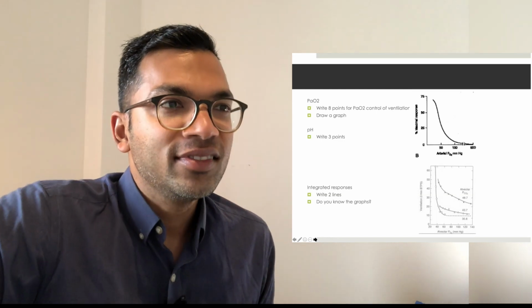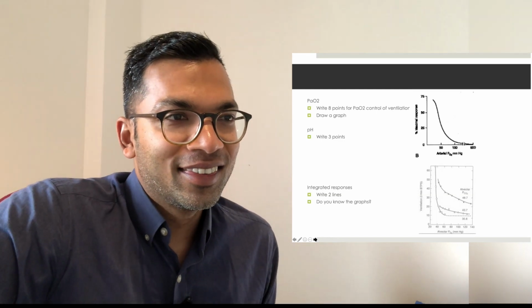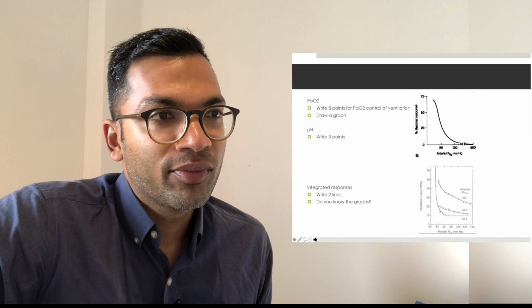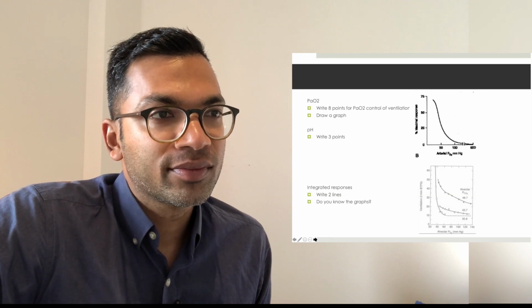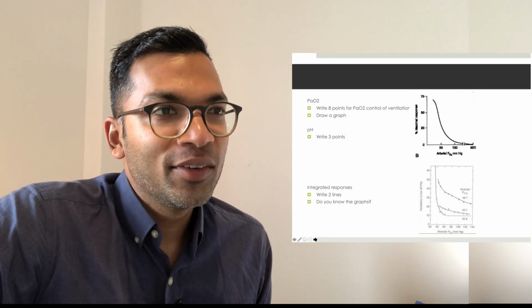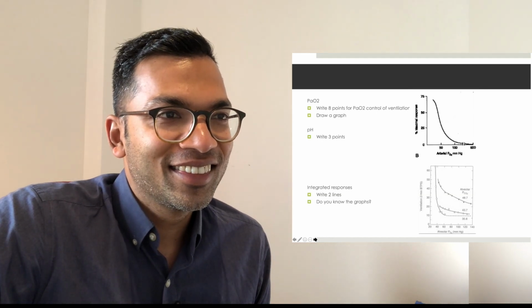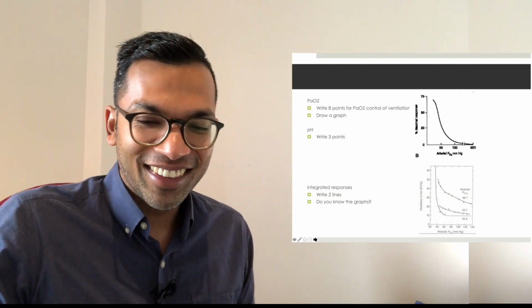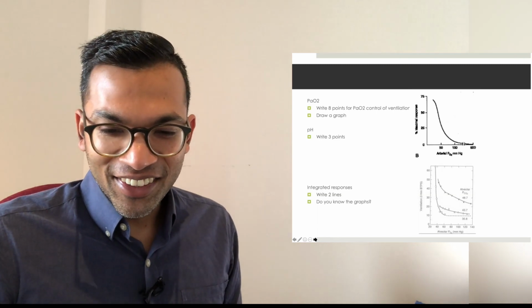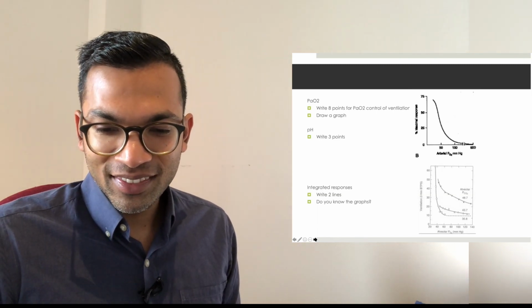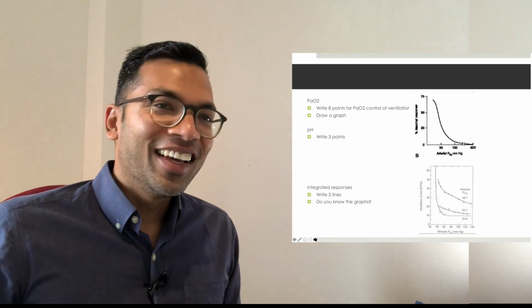It's in kilopascals, so you'll have to convert. But it looks like in a normal ventilatory response about 10, just above 10 kPa. What is the millimeters of mercury of that? Oh, it's roughly 75 or something. Yeah, I just googled it. It's 75. Okay, good.